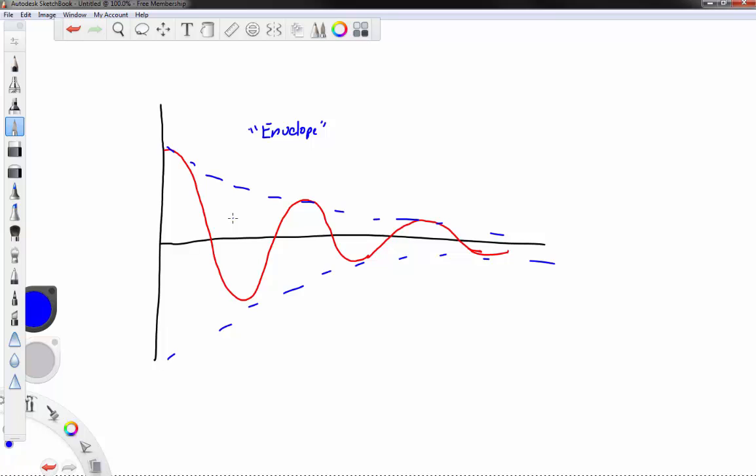And the red one represents what the displacement versus time or the charge versus time would look like, depending on your context. So for example, with an LRC circuit, you'd get an oscillation that looks like this red line, where it starts off big and gets weaker and weaker.